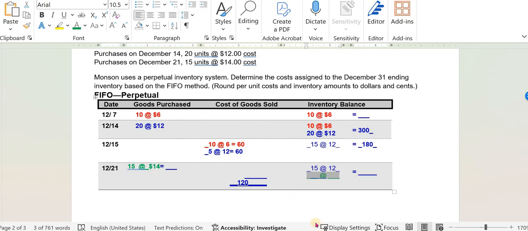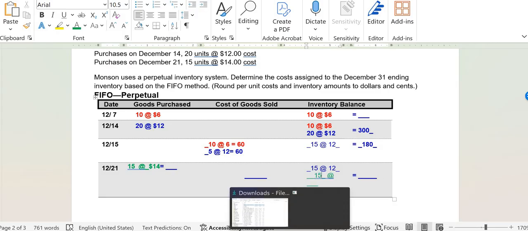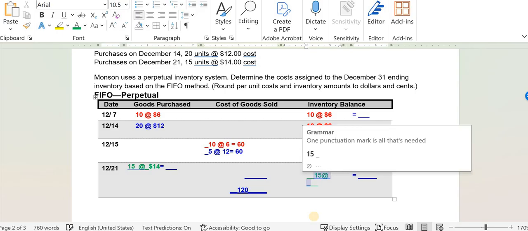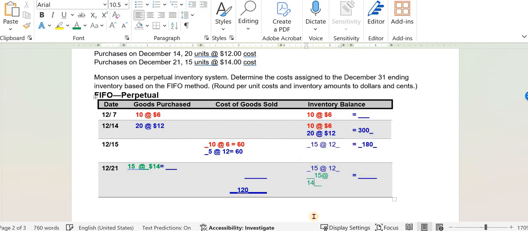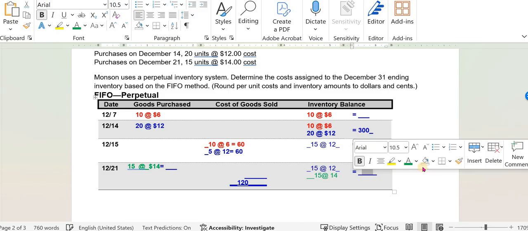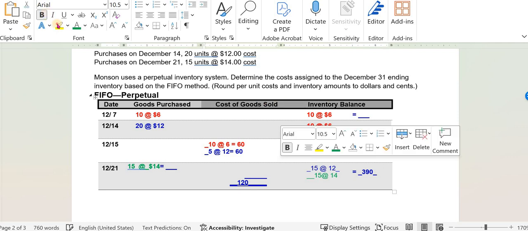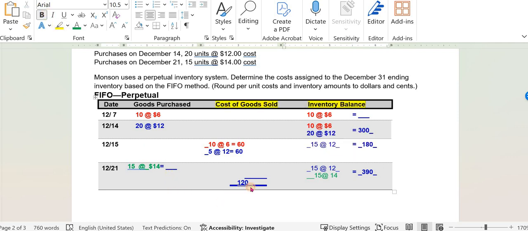And it's 15 units at $14. So there's his inventory. 15 times 14 is 210. 15 times 12 is 180. 210 plus 180 is $390 worth of inventory. And his cost of goods sold was 120.